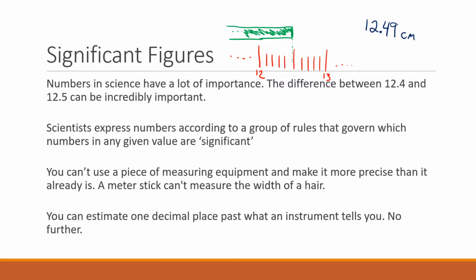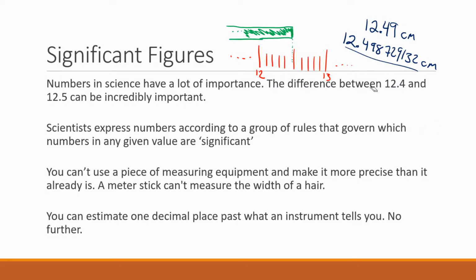Now, if I came to you and I said that this green thing is 12.4987219132 centimeters long, this piece of equipment does not give me enough accuracy to get this big of a measurement.